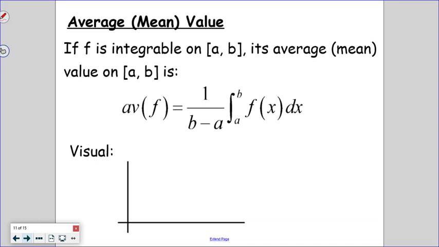The average of f is 1 over b minus a, where b and a are the ends of our interval, times the integral from a to b of f of x dx.